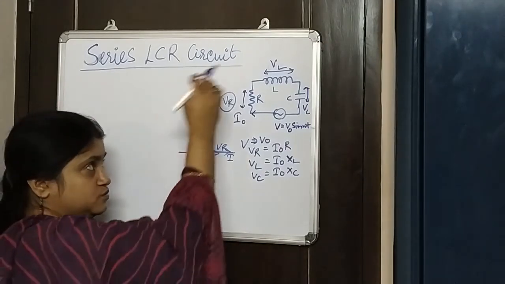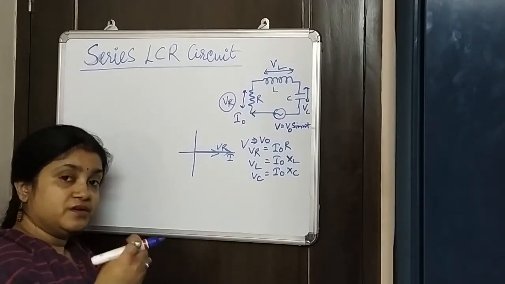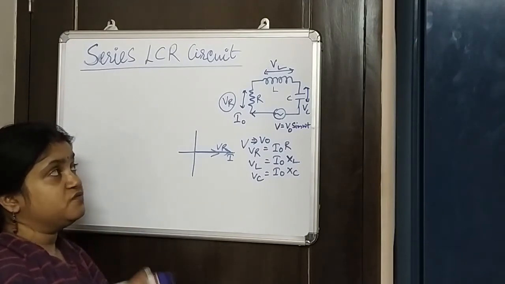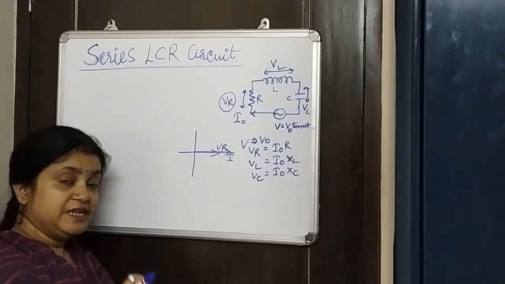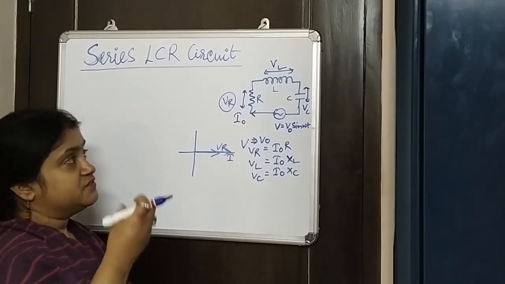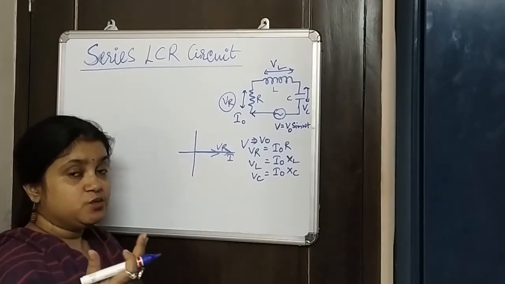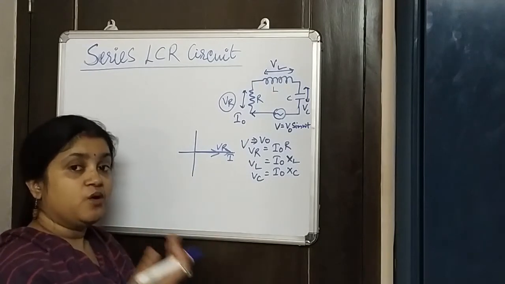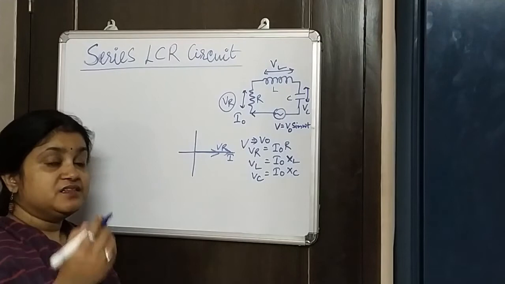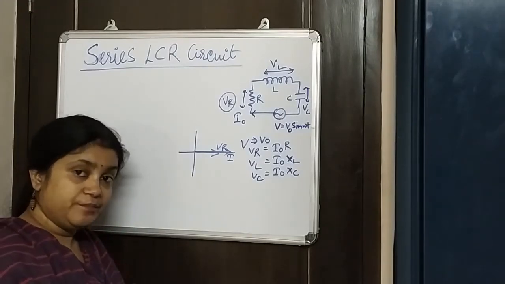Now coming to the inductive part. As we know from our analysis previously, in the case of the inductive element, when it is given an AC frequency, the voltage will lead. It means the voltage would be ahead of the current in the inductive case, and the phase difference between voltage and the current will be 90 degrees or pi by 2.